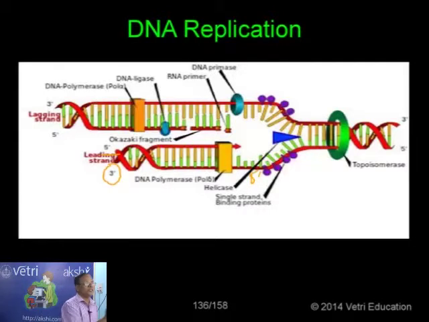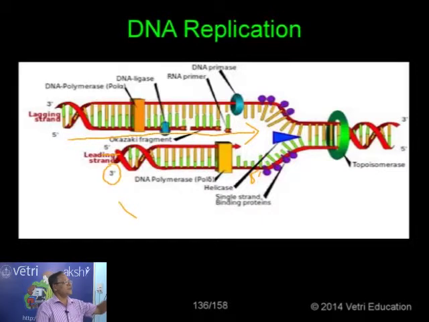Normally the replication proceeds continuously from the terminus towards the replication fork. It always moves towards the growing replication fork. The synthesis occurs continuously. The template strand for that is 3' to 5'. The enzyme taking part in the continuous formation of the new strand is DNA polymerase 3, also called delta.